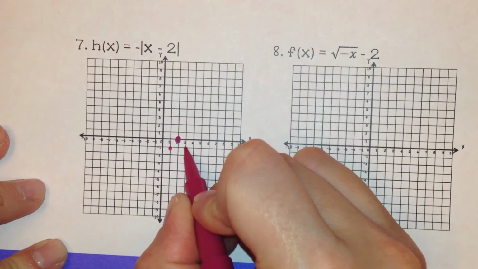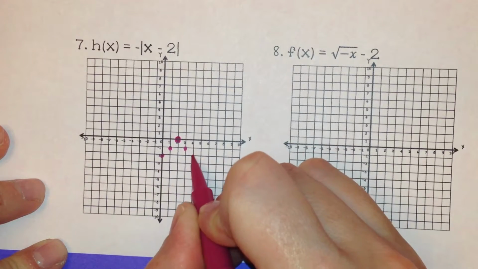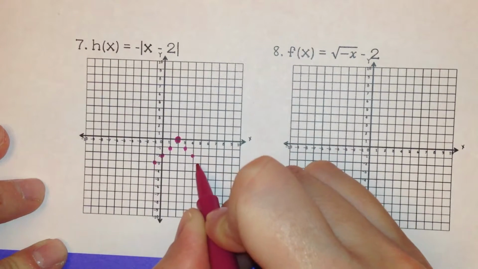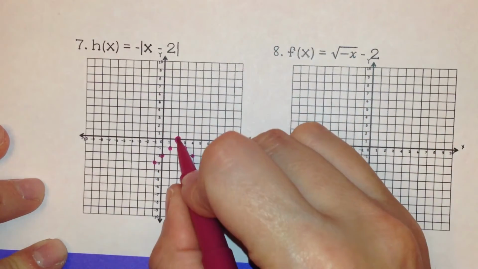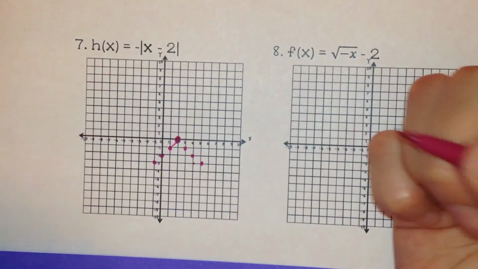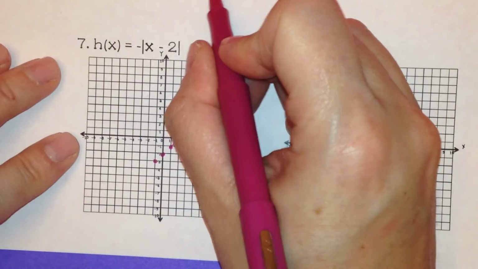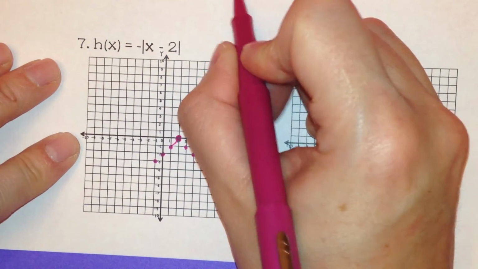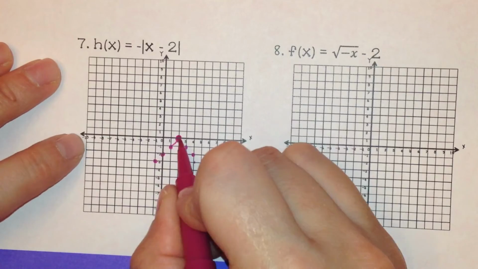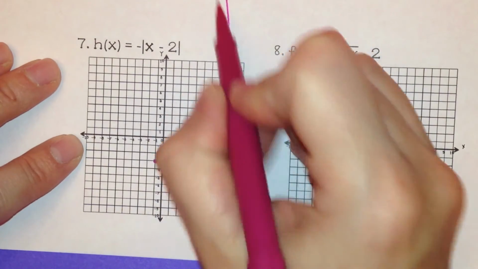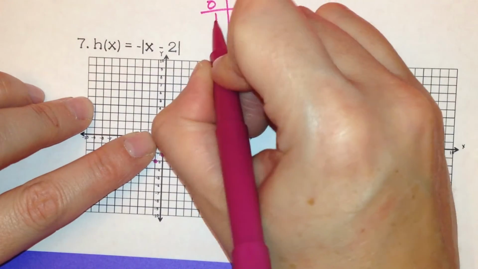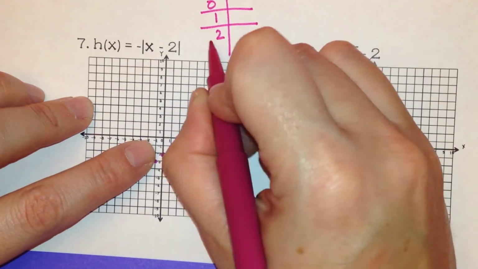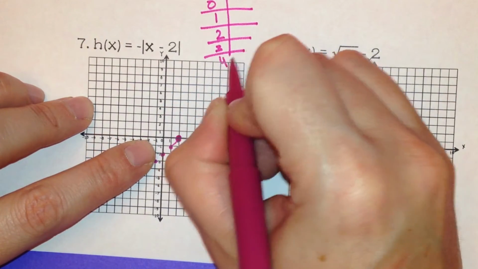So I can identify, based upon the fact that I know what the parent function looks like, it should look like this, but I'm just going to double check, plug in my values. So I'm going to say that the vertex is when x is 2, but again, it's always good to double check yourself. So I'm going to do 0, 1, 2, 3, and 4.